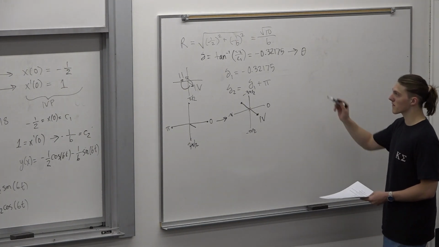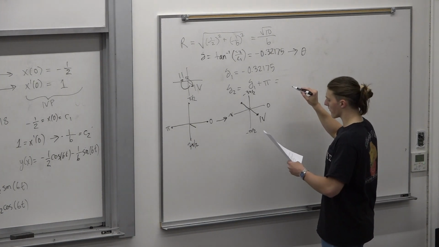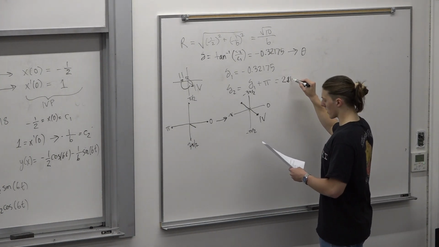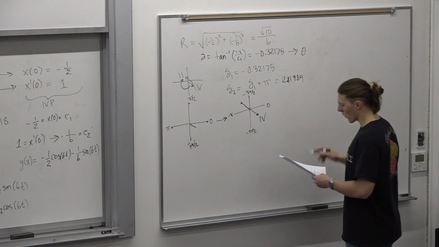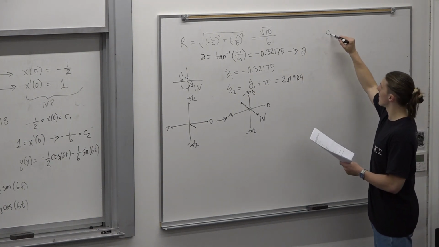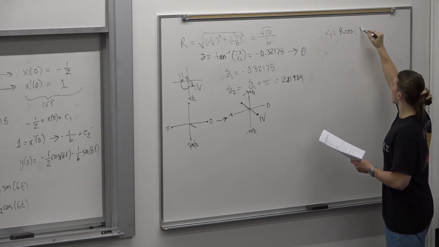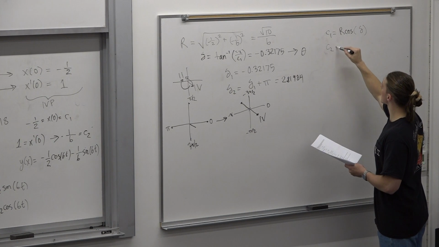So knowing this, we have two deltas, but we need to figure out which one will work for us. And the way we do that is two more equations, which are these two.